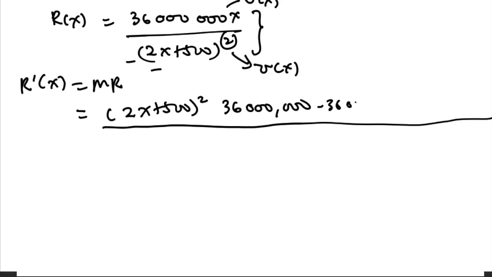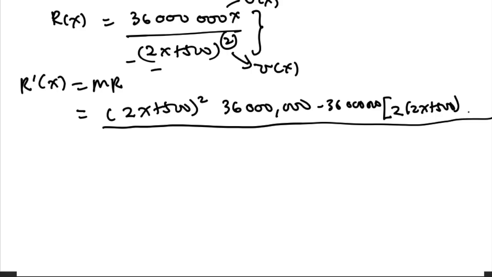Minus 36 million, and then in bracket you differentiate v(x), becomes v prime x. You bring 2 down here, and then put bracket 2x plus 500. The power 2 becomes power 1. Okay, but actually I don't have to write it. 2 minus 1 is 1, yeah?